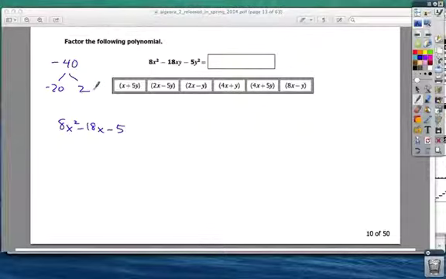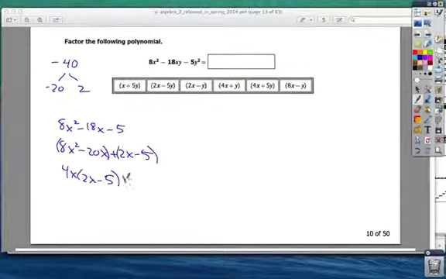So you would go 8x squared minus 20x plus 2x minus 5. And then you would group these two, group those two, and take out the common factor, 4x times 2x minus 5 plus 2x minus 5, which is 4x plus 1 times 2x minus 5.